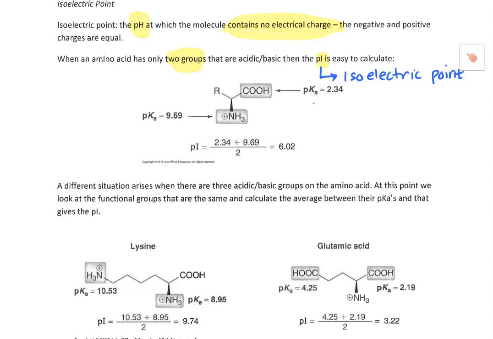All you do is you take your pKa's, you add them up, and you divide by 2. So when your pH is at the pI, then your sample is perfectly balanced and contains no electrical charge. It's net neutral.